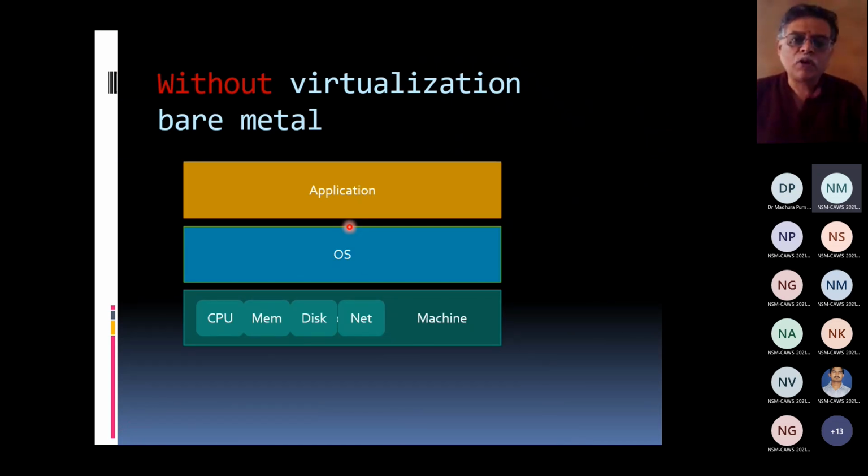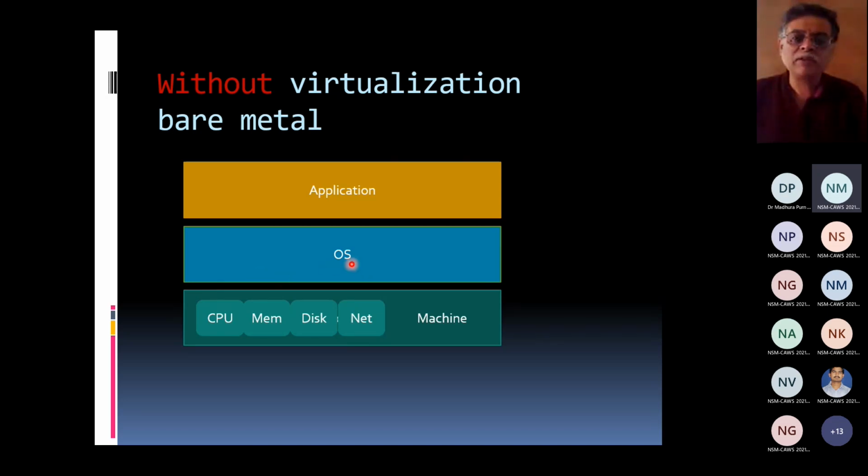This is our notion of a machine, which we have in the bare metal without the virtualization. You have a machine. The machine consists of some CPU, it consists of memory, disk, network. These are all IO devices, and you run an OS on top of this.